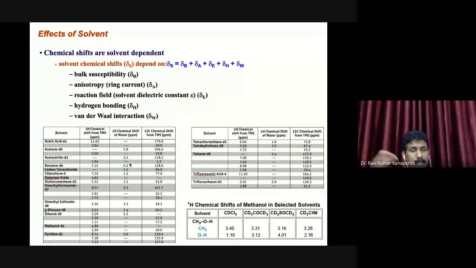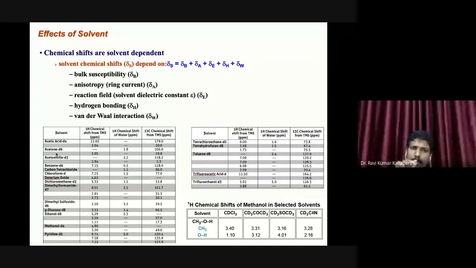which are not deuterated. So this is a technical problem that is there with all sorts of solvents, whether it is acetic acid D4 or acetone D6. When you try to convert acetone to deuterated acetone, not all the acetone molecules convert. All the acetone protons, 6 protons, do not convert directly into deuterium.